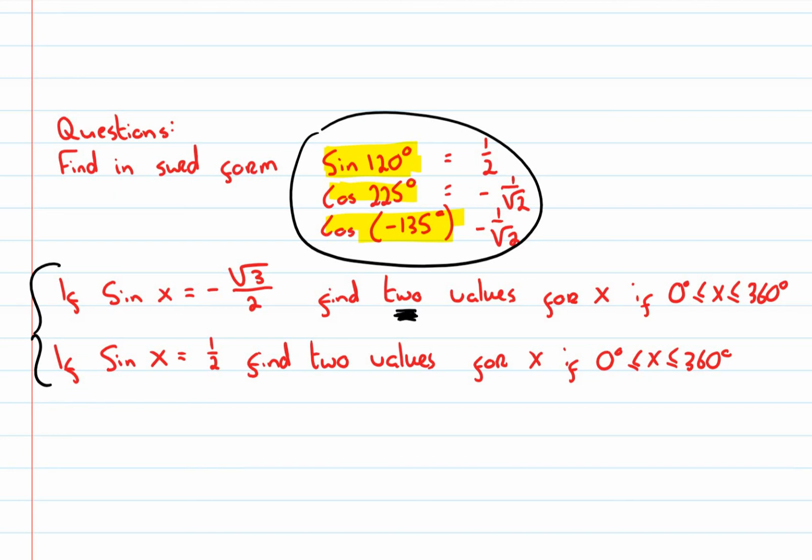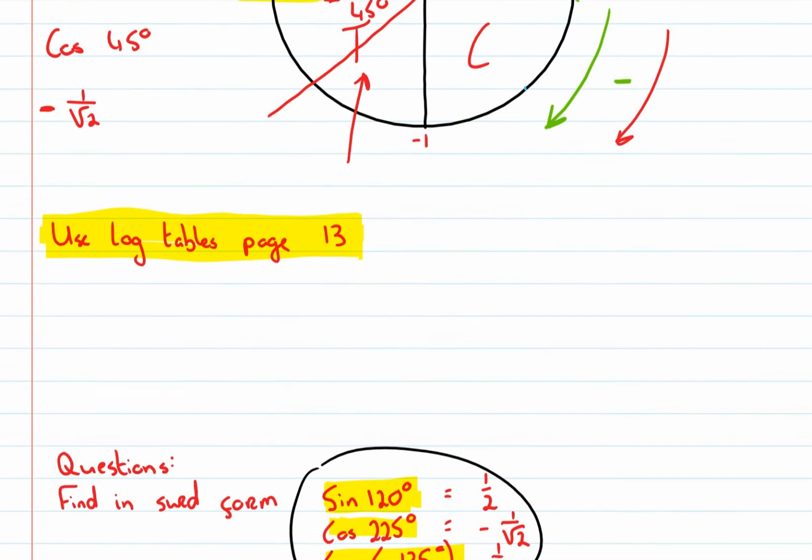First step here, we find out what the sine of root 3 over 2 is, ignoring the sign so far. Looking at our logbooks, sine of root 3 over 2 is 60 degrees.